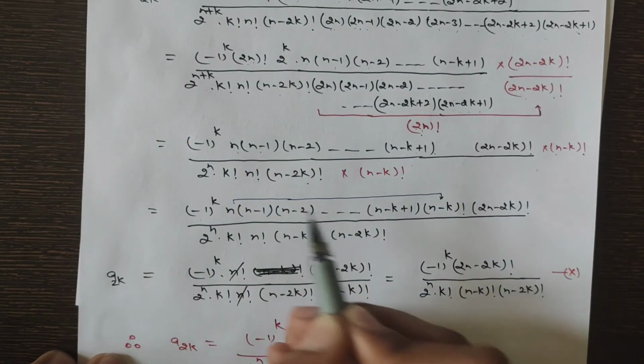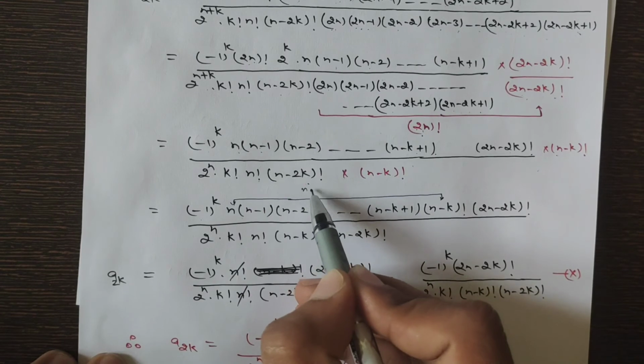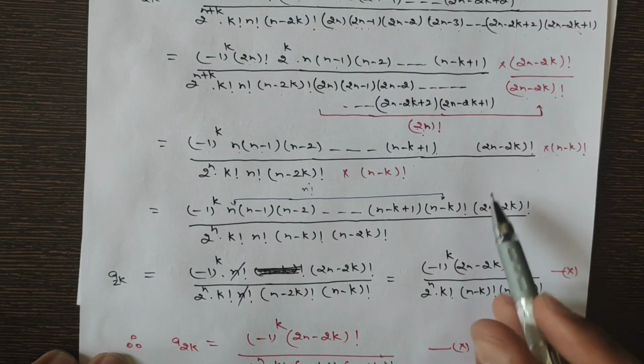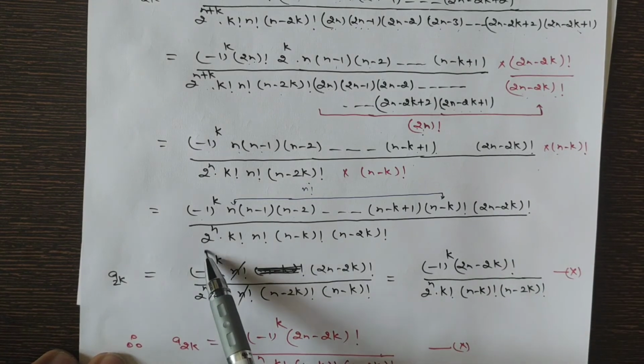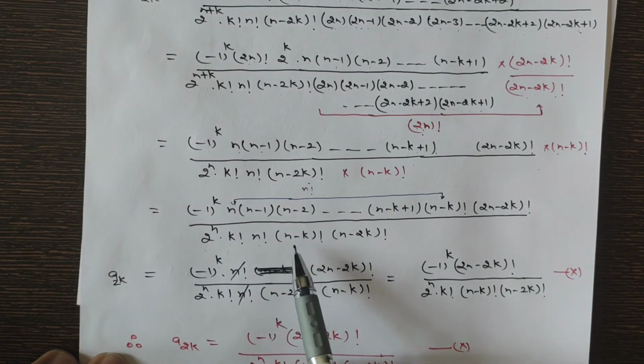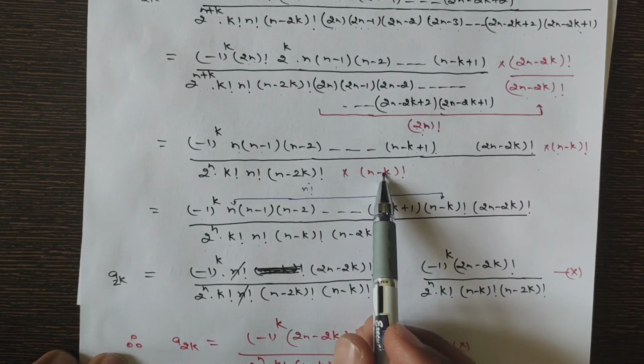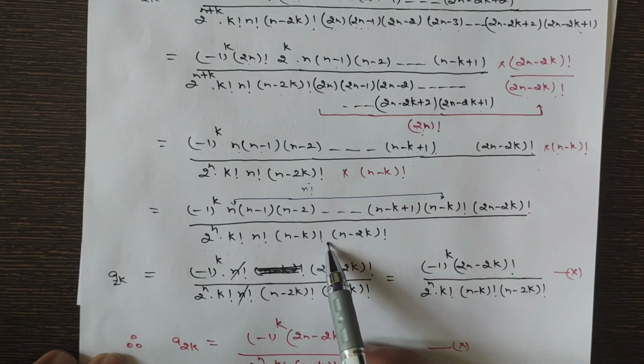up to this term can be read as n factorial into 2n minus 2k factorial as it is, divided by 2 raised to power n, k factorial, n factorial, n minus 2k factorial, and as we had multiplied in the denominator also, n minus k factorial.